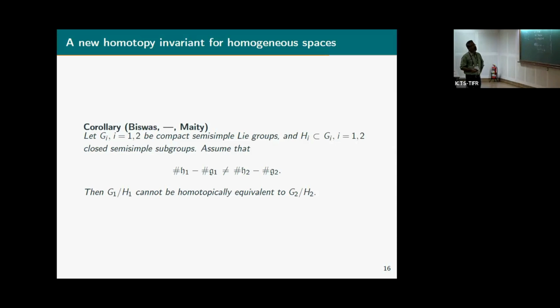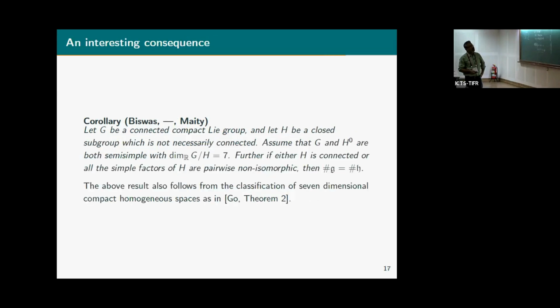So if you have a compact semisimple Lie group G and two subgroups H1 and H2, and suppose the differences of simple factors in G and H are different, then these two objects cannot be homotopically equivalent.